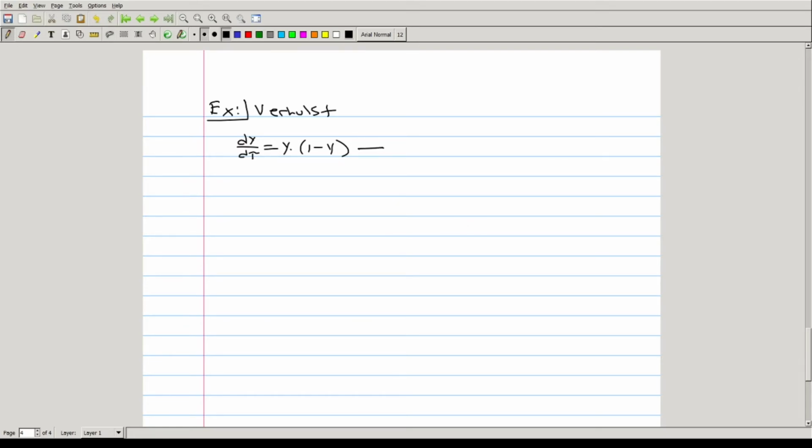And remember that when we solve this, we end up getting the natural log of the absolute value of y over 1 minus y is equal to tau plus c, when we separate variables and solve the differential equation.